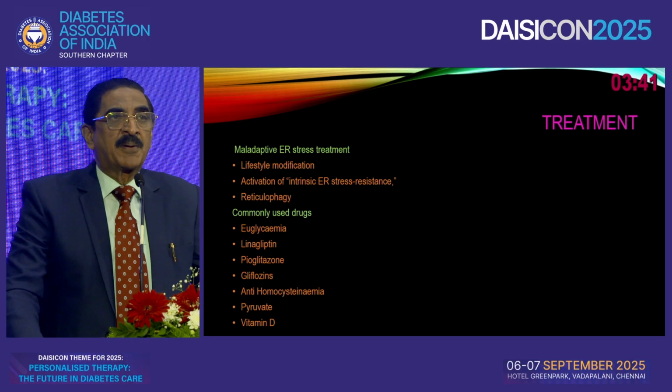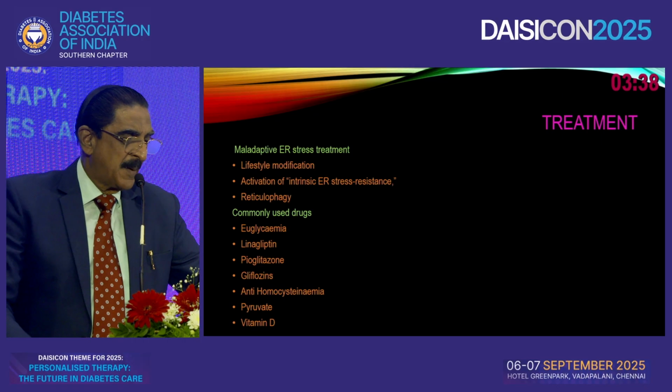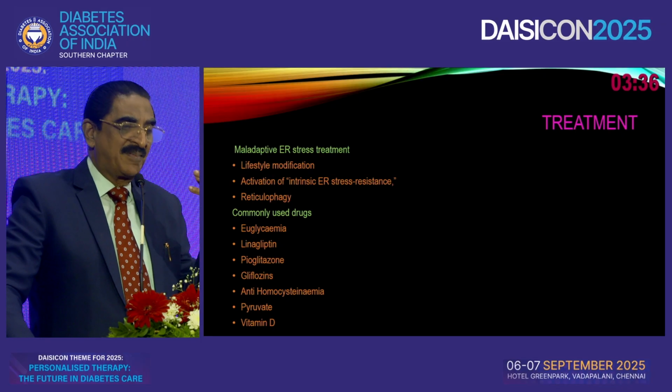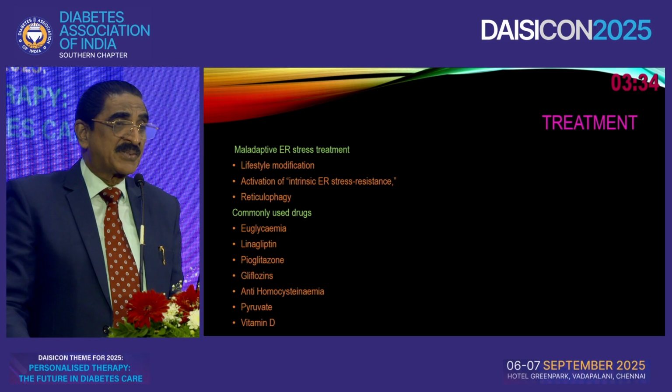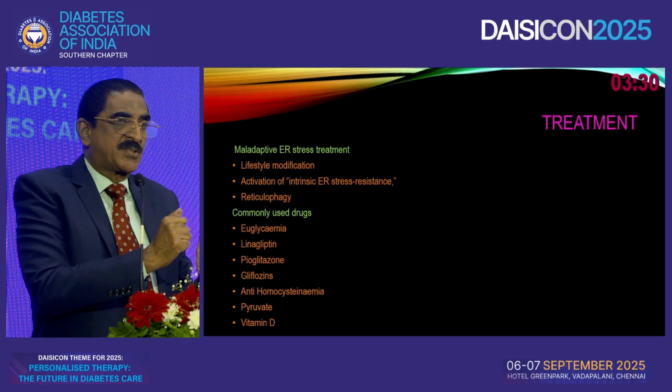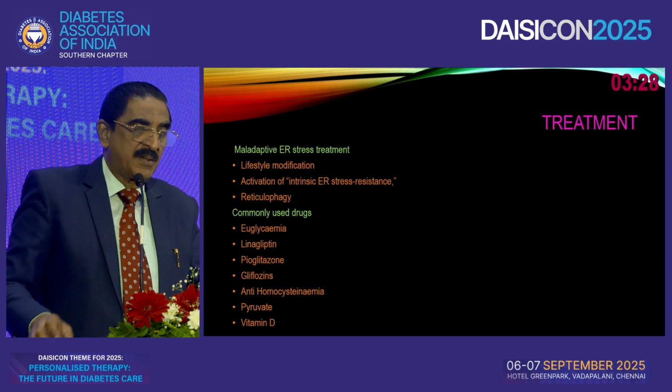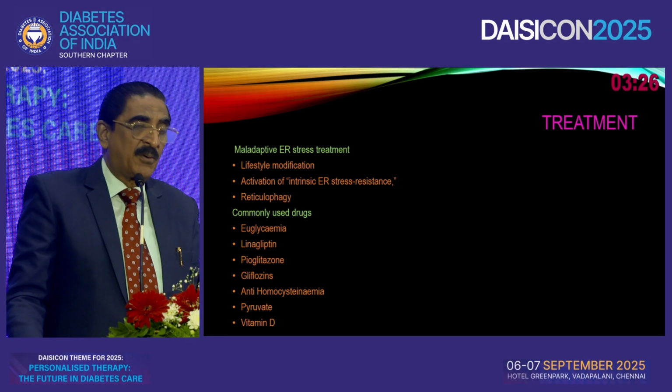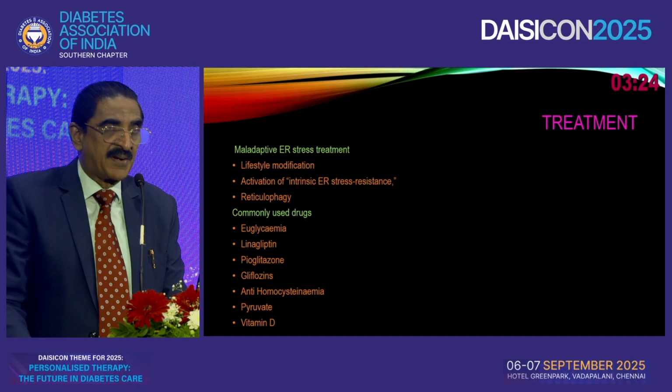So looking at the treatment of this endoplasmic reticulum stress, the most important thing is again lifestyle modification and activation of an intrinsic ER stress resistance. So every cell should become resistant to this maladaptive UPR and reticulophagy, and the concerned drugs that we are now using.